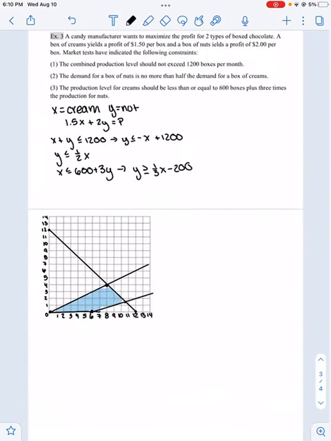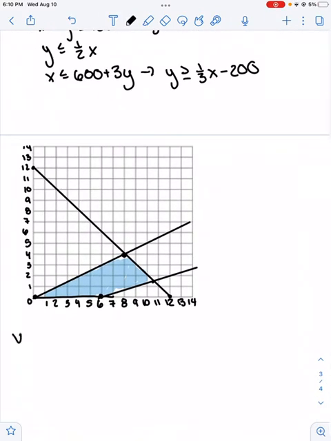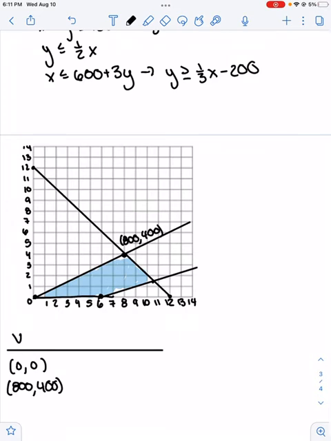So our vertices are 0, 0. And we have this point here, which is 800, 400. This one here, which is 1050, 150.